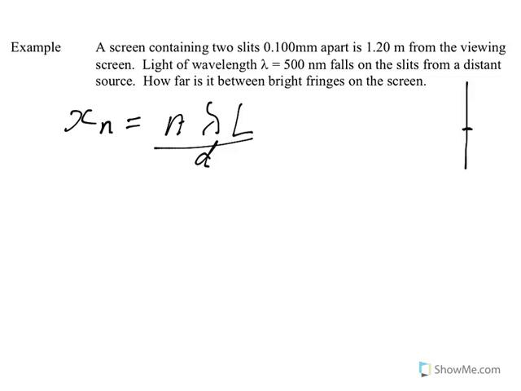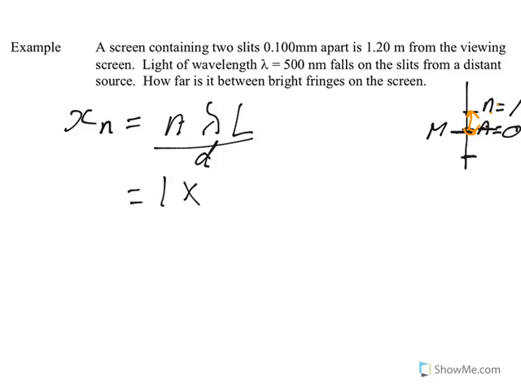If we've got bright fringes here, here, here, and say this is the middle, so that's n equals 0, and this is n equals 1. If I put n equals 1 into this, it tells me the distance from the middle out to there, and because the middle is a bright fringe and the first one, n equals 1, is also a bright fringe, that will tell me the distance between the bright fringes.